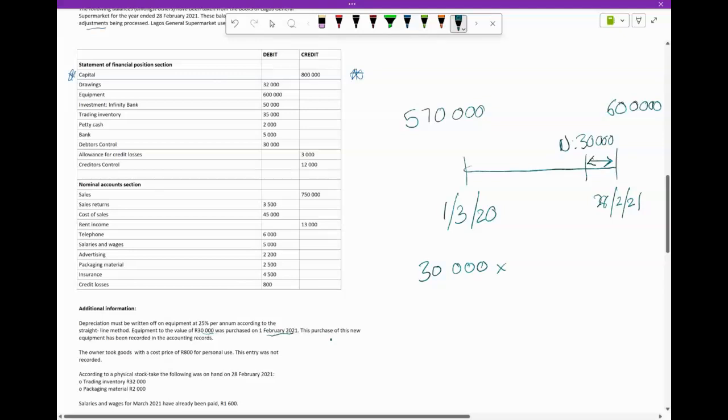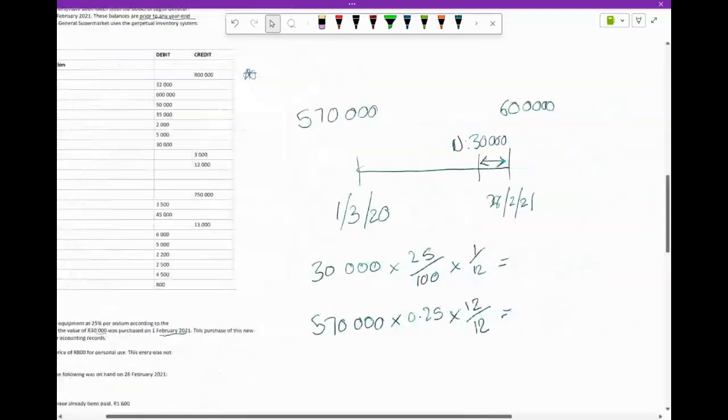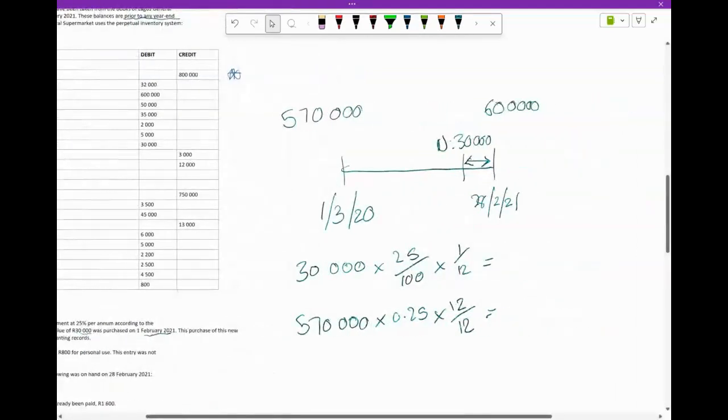30,000 times, they said, 25% on straight line. Then that was for 1 month, so 1 over 12. As you guys calculate that, the other depreciation calculates as 570,000 times 0.25, and we had that for the whole year, so that's 12 over 12. What are our respective depreciation amounts?